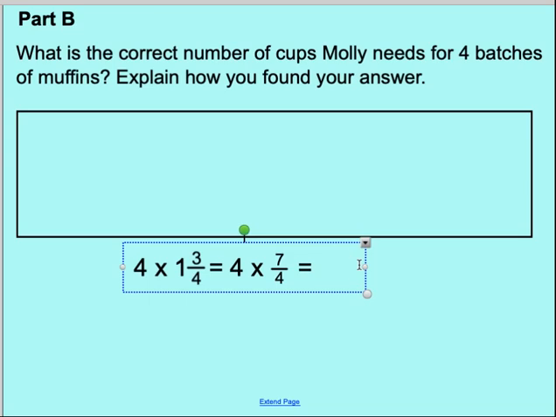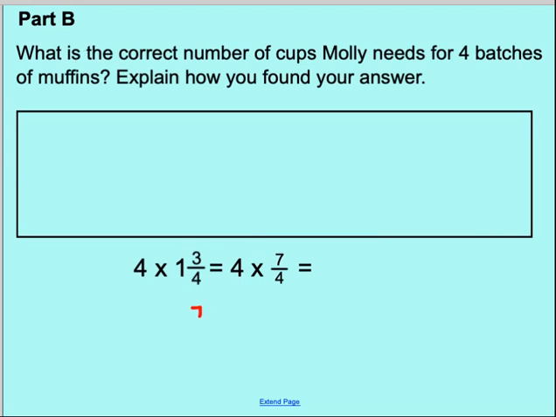All right, so how would you do that? So maybe you would think about 7/4 and you would count it out 4 times. Is that what you might do? Let's talk strategy.